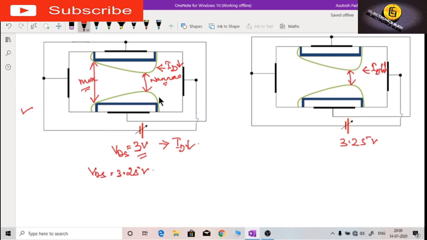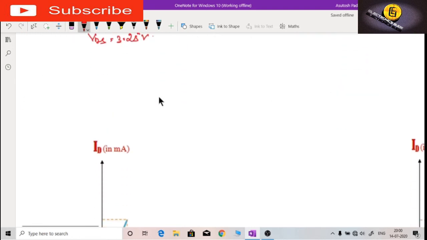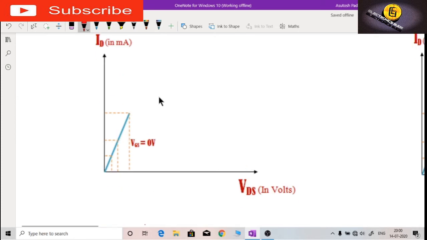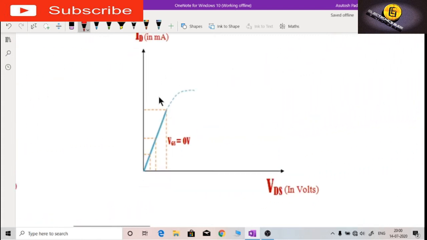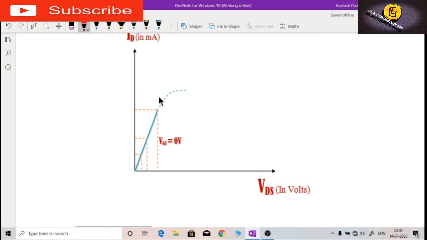That means the graph, instead of increasing at a linear rate, will become like this. The ID value tends to decrease like this.